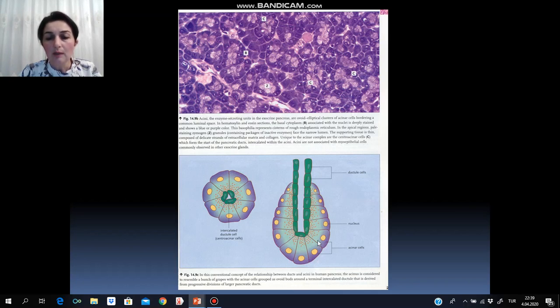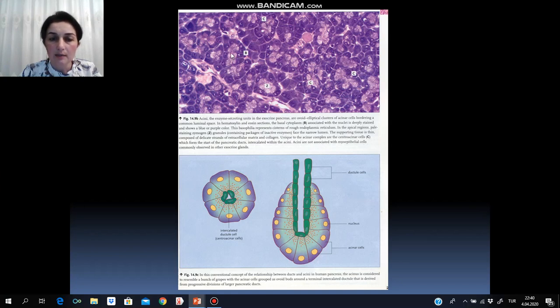If we are talking about the secretory cells, they have features of protein-producing cells. In the basal part, we have the nucleus, then rough endoplasmic reticulum, then ribosomes. That's why the basal region, pay attention to the slide here, has blue color. It has basophilic features.